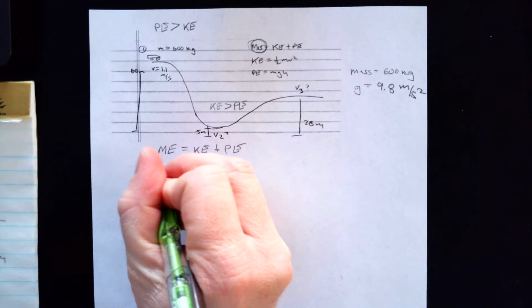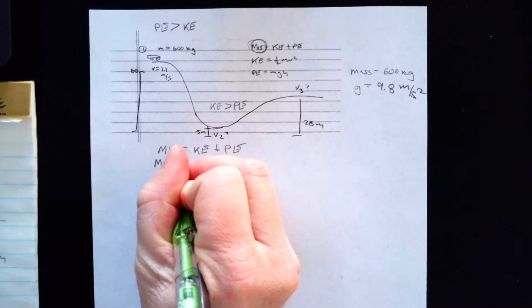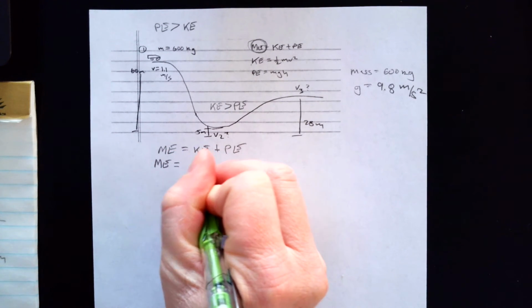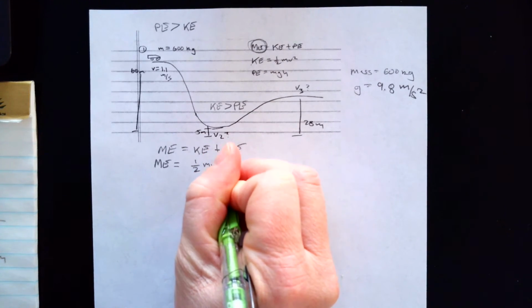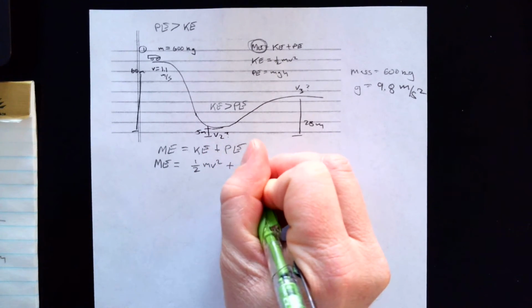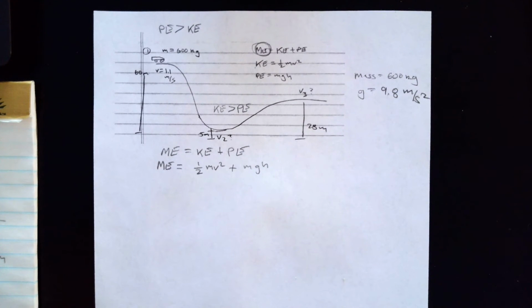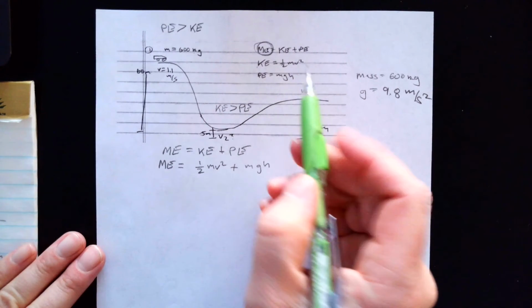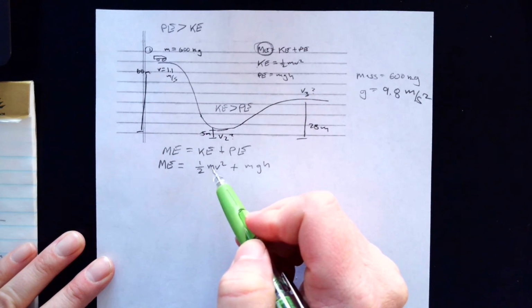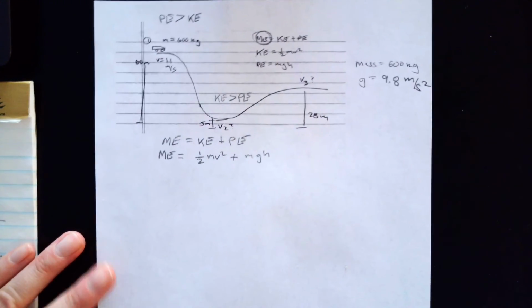What that means is mechanical energy equals 1/2 mv squared plus mgh. Where did I get that from? I got it from up here. I took these and plugged them in here.